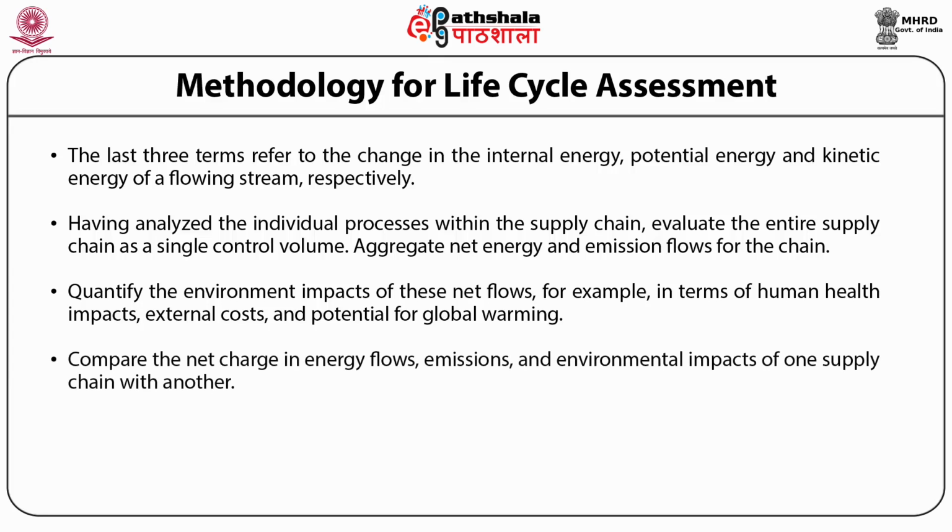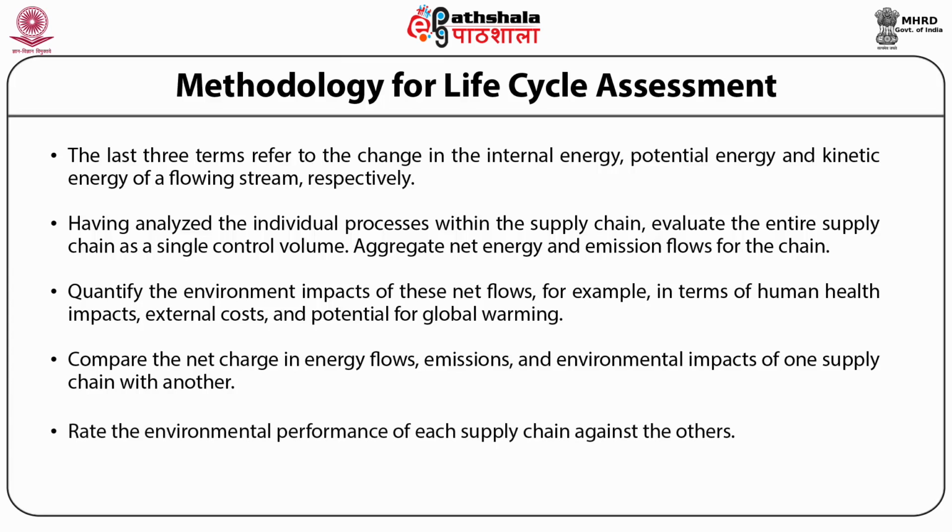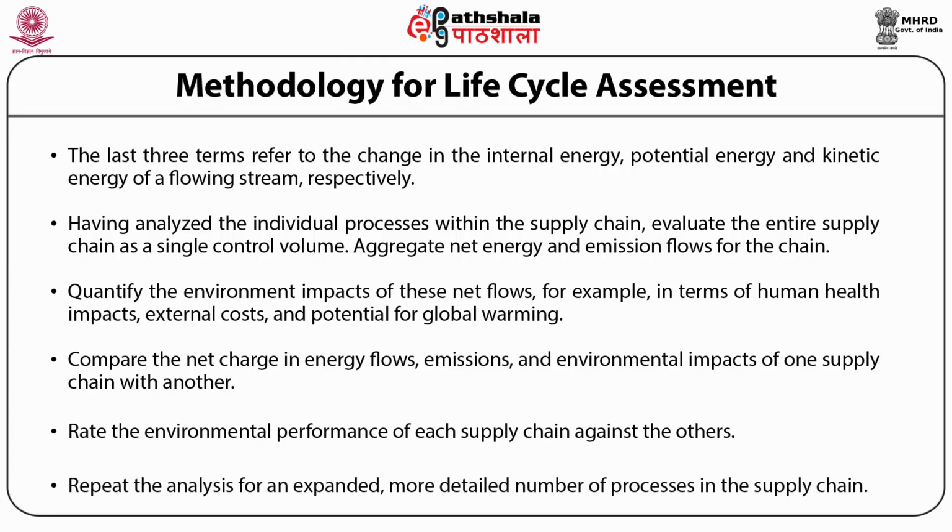Next, compare the net change in energy flows, emissions, and environmental impacts of one supply chain with another. Next, rate the environmental performance of each supply chain against the others. Finally, repeat the analysis for an expanded, more detailed number of processes in the supply chain.